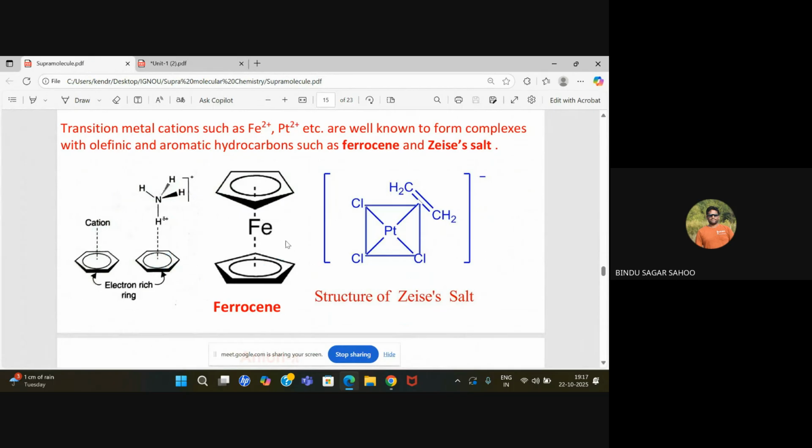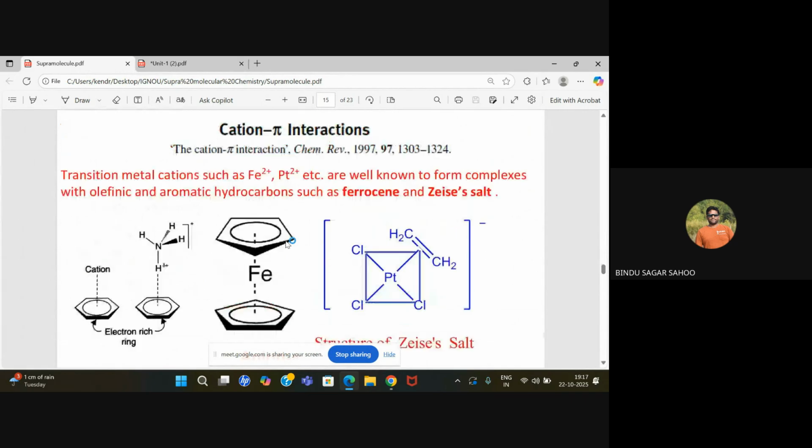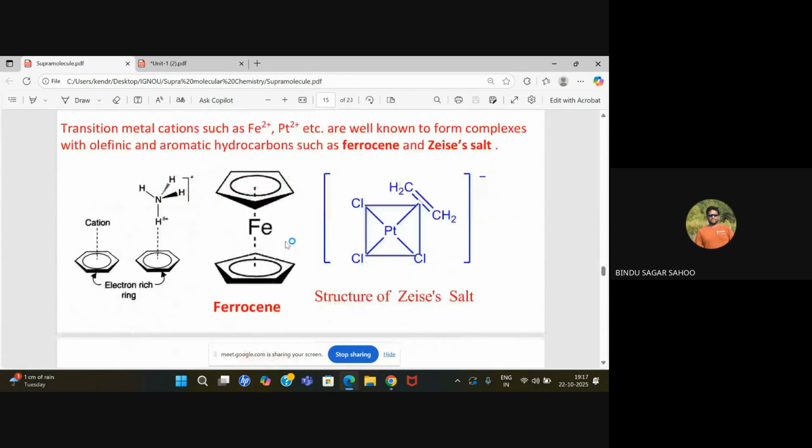Popularly, particularly the ferrocene compound in organometallic chemistry, the ferrocene or sandwich compound, an iron atom is trapped inside two cyclopentadienyl rings. So this will be Fe2 plus, and the rings will be C5H5 minus. That means this iron's positive charge will make an interaction with the pi electron cloud system of the cyclopentadiene ring.